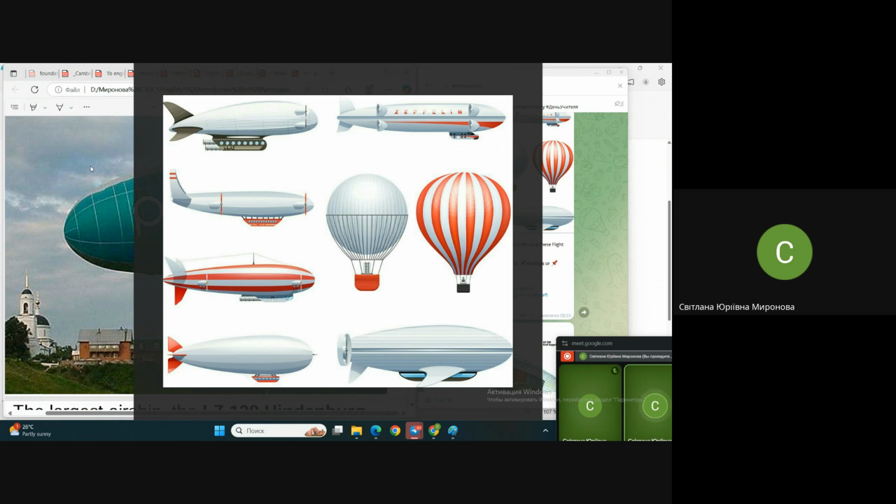On the right, with vertical stripes, it's the Montgolfier type, with an open air balloon. And on the left here, it's the so-called Charlier type, after the name of those who invented them. And this balloon has a closed chamber, a closed volume with gas which is lighter than air.